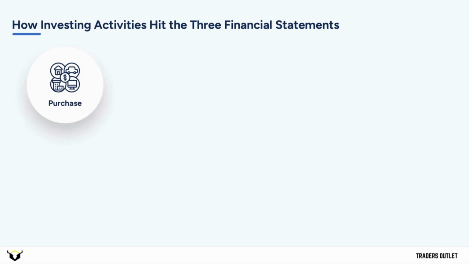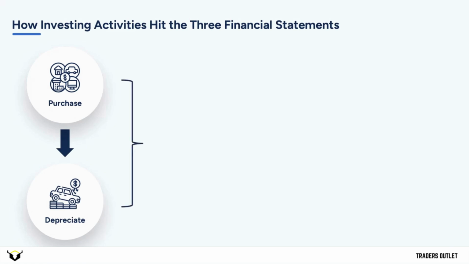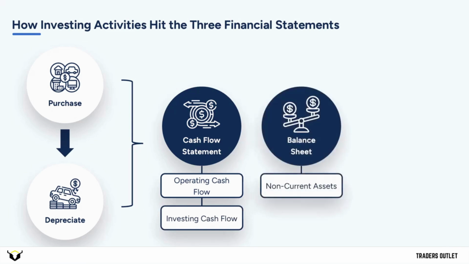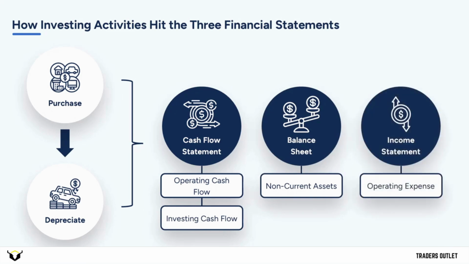But recall that once we have those assets, they're put on the balance sheet, and then we depreciate those assets over their useful lives. So we have a cash flow impact from buying the property, plant, and equipment, a balance sheet impact in terms of property, plant, and equipment as a non-current asset. And on the income statement, we're going to see an expense related to depreciation.